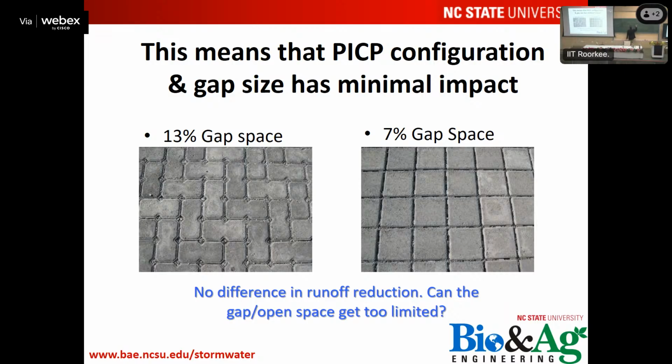On the right, 7% gap. 10,000 millimeters per hour at 13%, 10,000 millimeters per hour at 7%. If you want the average infiltration rate for the entire block, it's 10,000 millimeters per hour multiplied by 0.13. All right. What's that number?